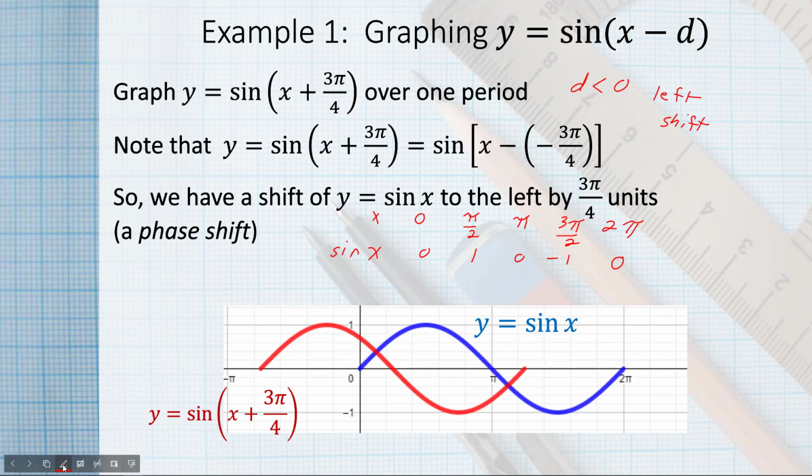So for our shifted function, our important points are going to be, well, not 0, but now 0 minus 3 pi over 4, or -3 pi over 4. And then the next important point will be pi over 2 higher, which would be -pi over 4.